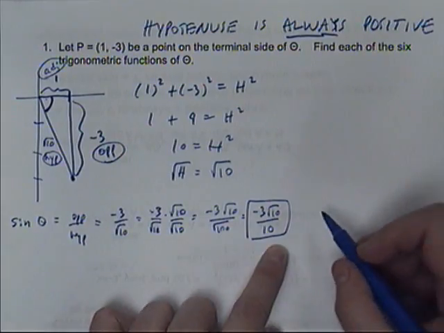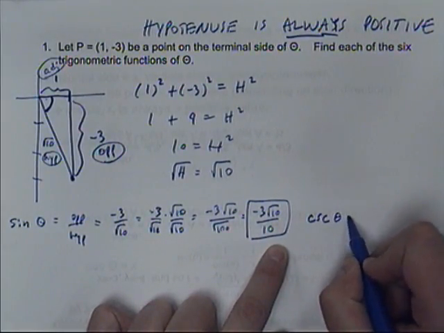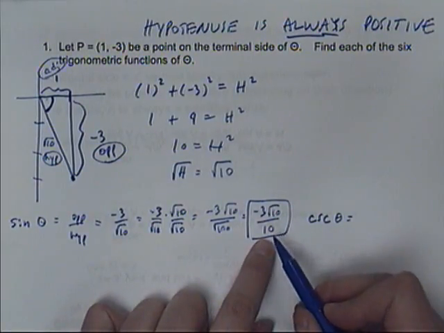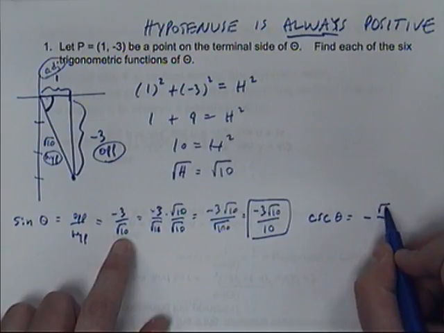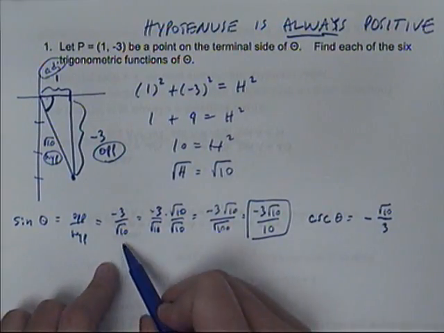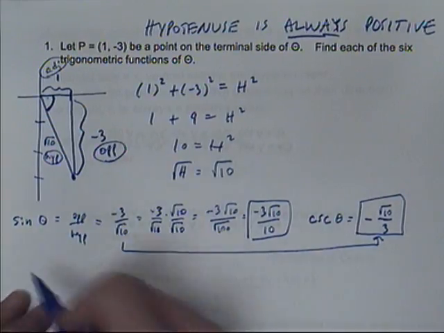Now, once we have the sine, we can also find the cosecant, which is just the reciprocal. Now, I'm not going to reciprocate this. I'm going to reciprocate negative 3 over root 10, which gives negative root 10 over 3. See? It's easier to do it that way because then I don't end up with a radical in the denominator.